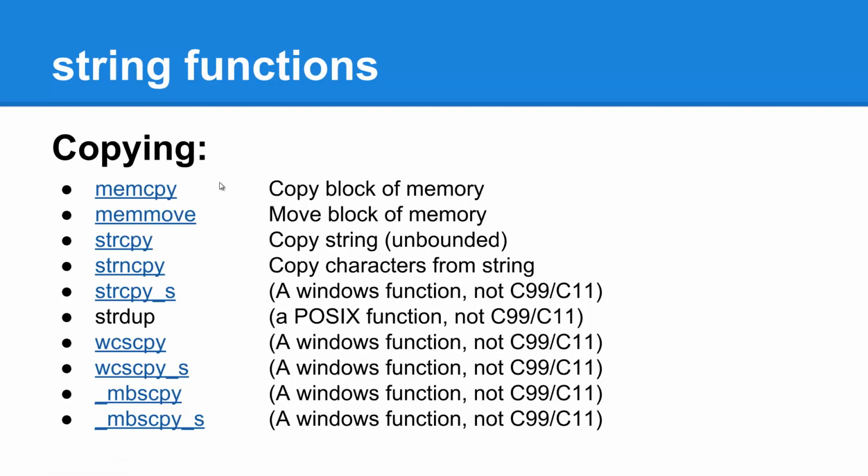The majority of them are unsafe. Some of them are C standard, some of them are not. They're Windows functions. So that is a source for confusion among many developers, differentiating between Windows functions and C standard functions, especially when they have to develop something that is supposed to work on Windows, Linux, and OS X platforms.